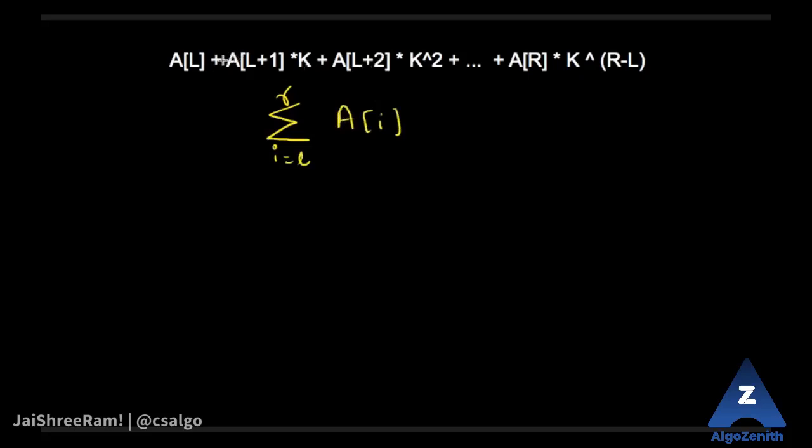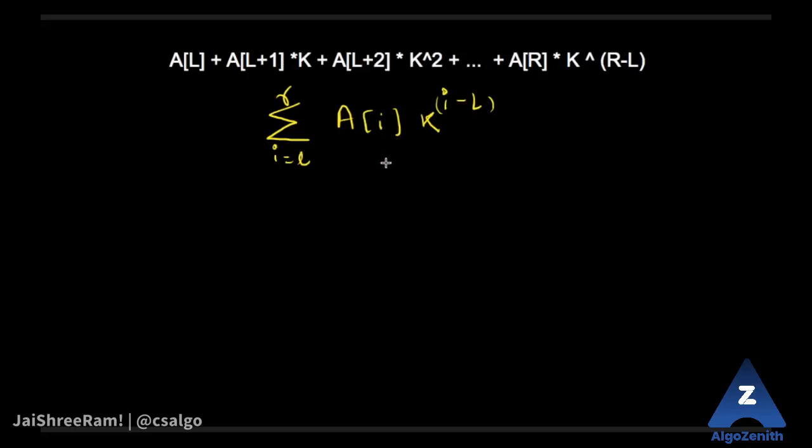The first one gets multiplied with k to the power 0, then k to the power 1, k to the power 2, and so on, right? So it gets multiplied with k to the power I minus L, because when you put L over here, this gets to 0 and the next gets to 1. And at the end, if you put R it is also correct, right? So if these two terms match, most probably the expression is correct. And this is the expression that you need to evaluate for the queries.